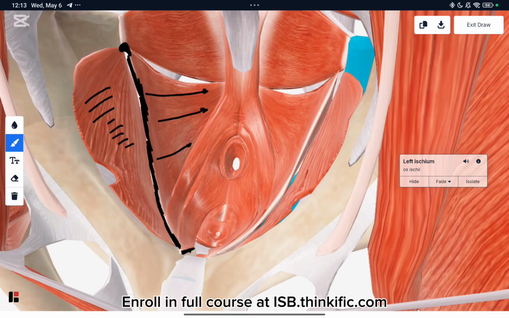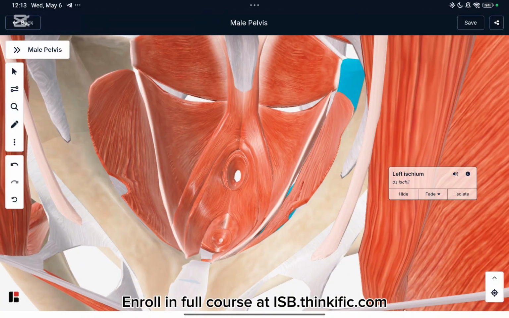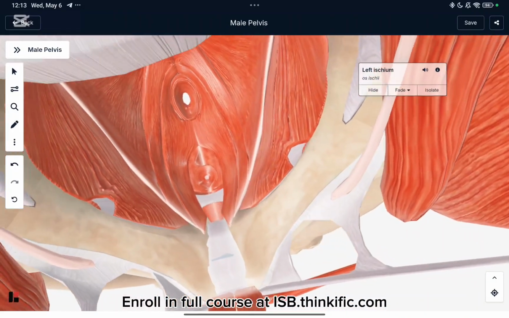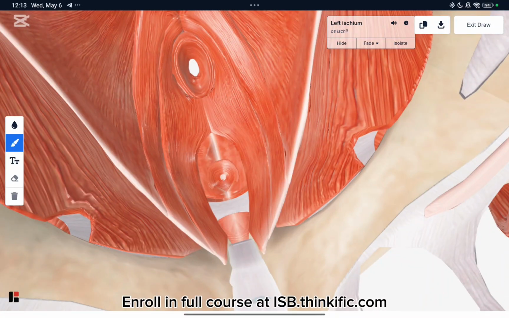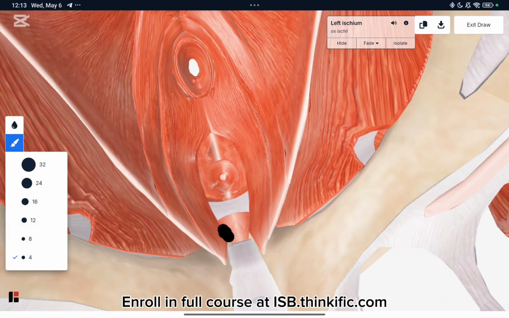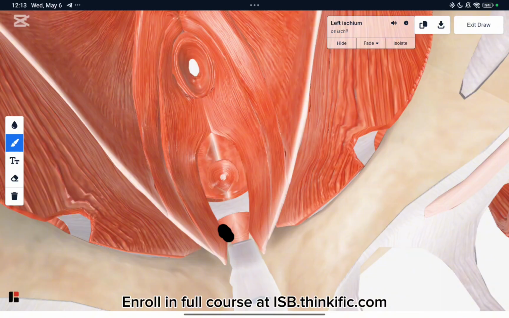Now, typically there is a gap or defect in the muscle located anteriorly, which is a big, U-shaped defect. It is attached to the underlying perineal membrane. I will tell you about it in a minute.